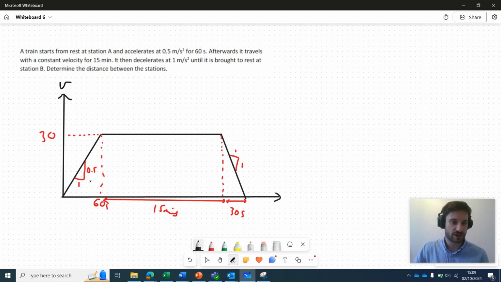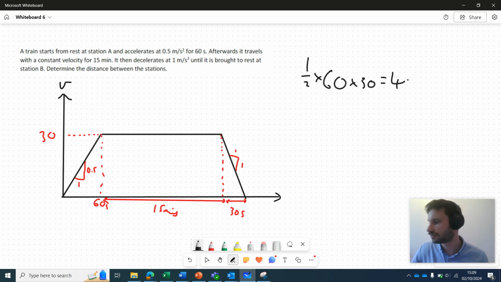Let's start with this first triangle. If you didn't know how to calculate the area of a triangle, it is half times base times height. So that would be half times 60 seconds in this context, times 30 meters per second. And this is equal to 900. My bad.